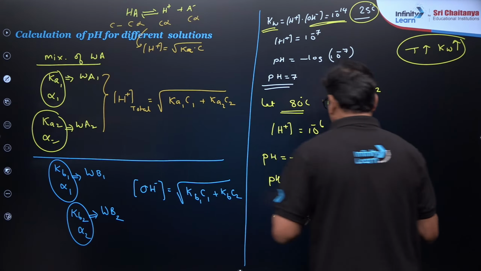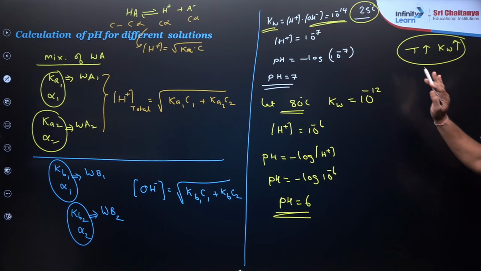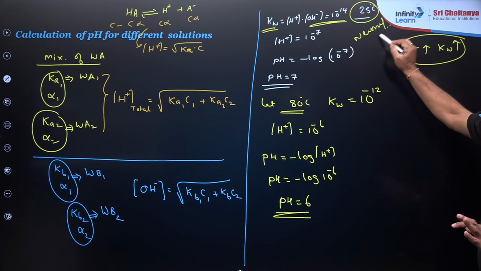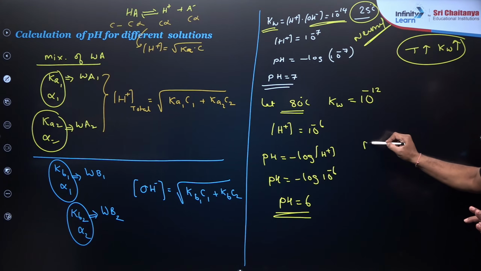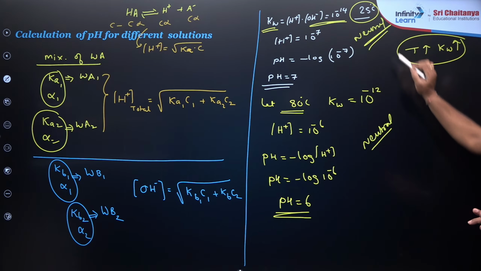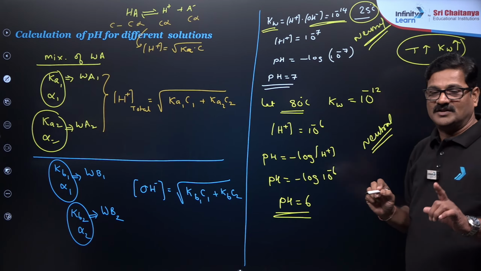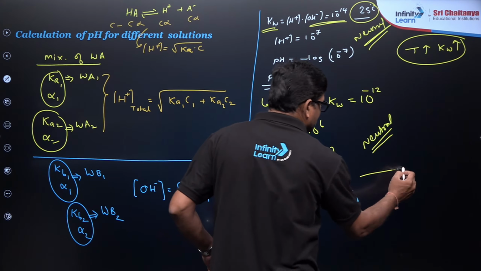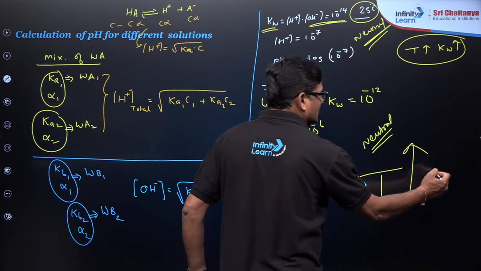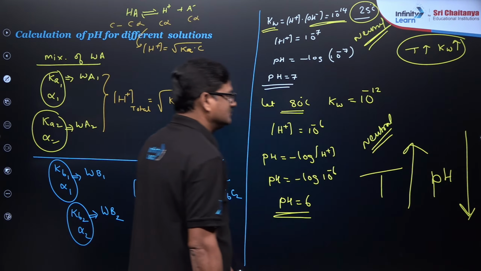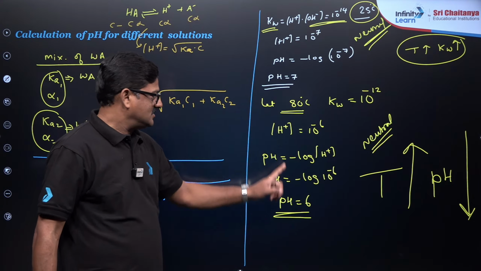So what do I want to say? The pH of water is neutral irrespective of the temperature. But as temperature increases, pH is going to decrease. It went from pH 7 to pH 6.